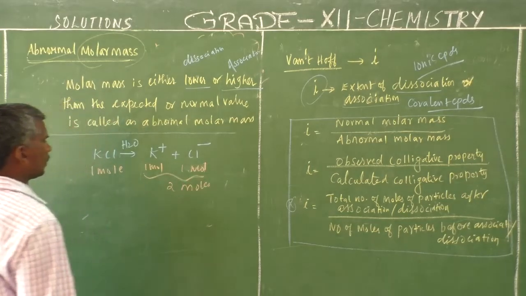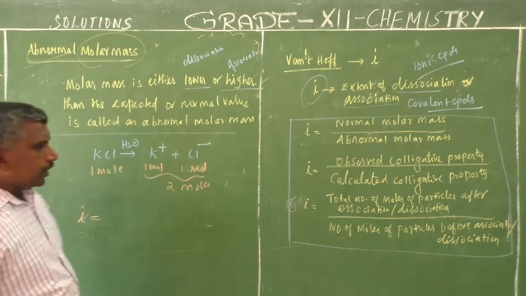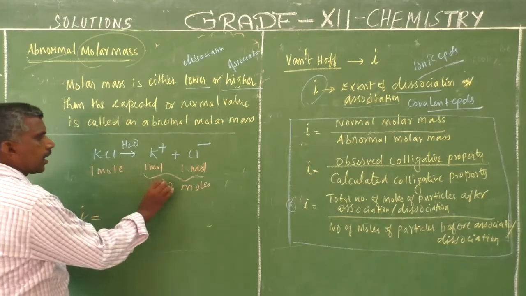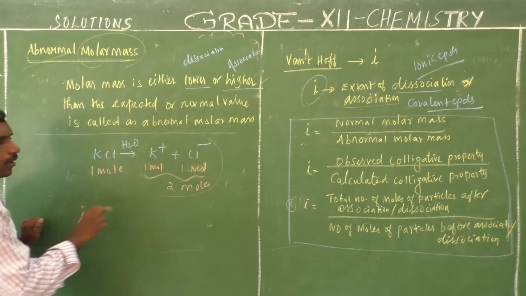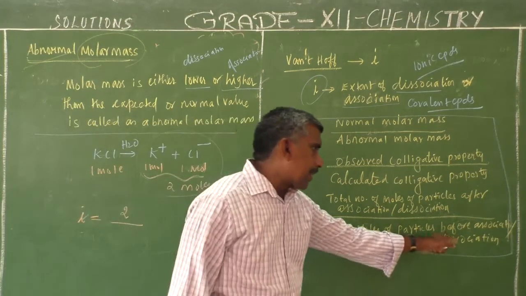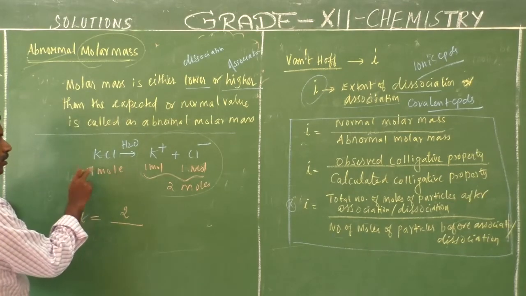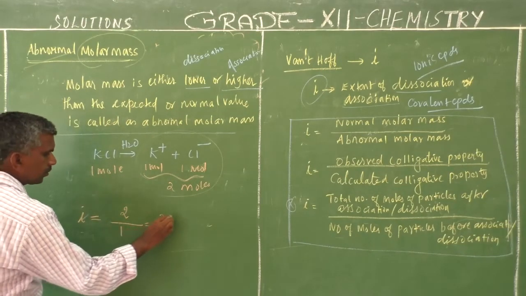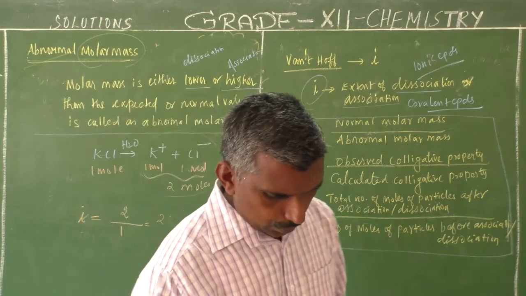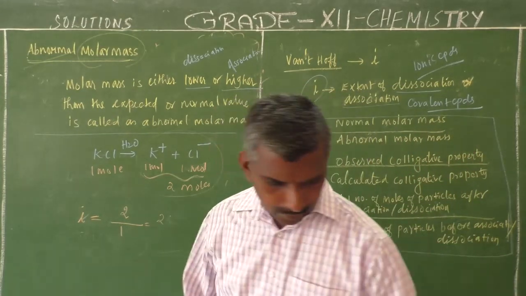So the i value is the total number of moles of particles after dissociation, 2 moles, divided by the number of moles before dissociation, 1 mole. That is 2. The i value is 2, so the i value is greater than 1.